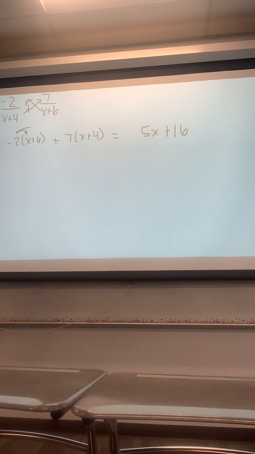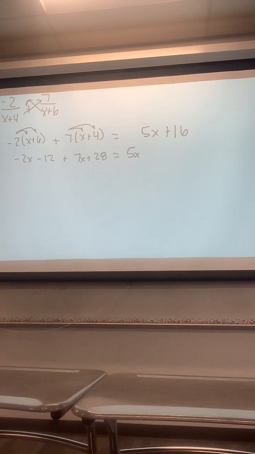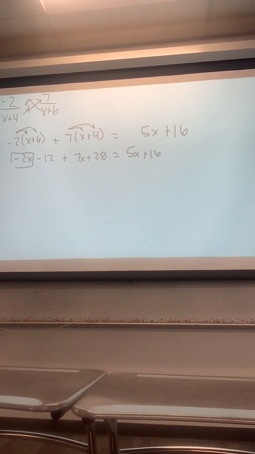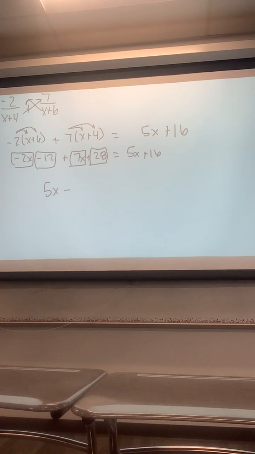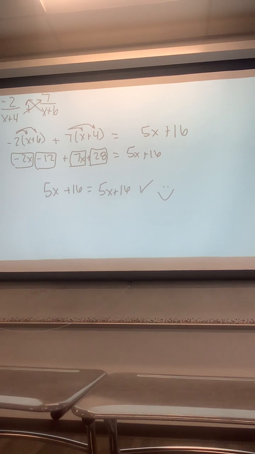So we distribute in: negative 2x minus 12 plus 7x plus 28 should be 5x plus 16. Negative 2 and 7 definitely make 5. Negative 12 and 28 make 16. Is this a true statement? Yes. I hope so.